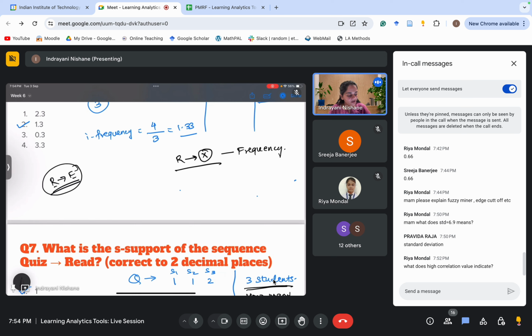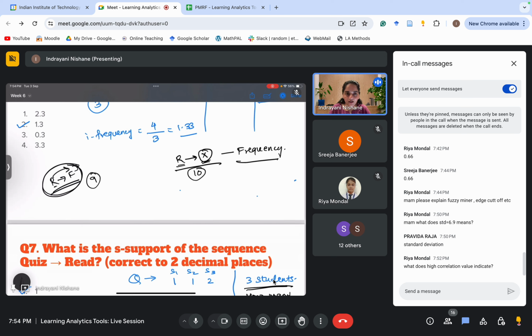So we counted all other nodes, how many times they are occurring, and out of this frequency, what is the count for R to F. So if read to any other node transition is happening, say for example 10 times, and out of those 10 times, read to forum has occurred 9 times, that means read is highly correlated with forum.